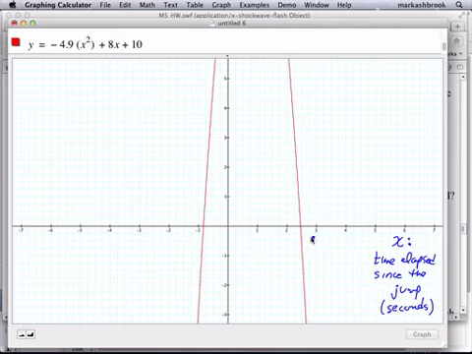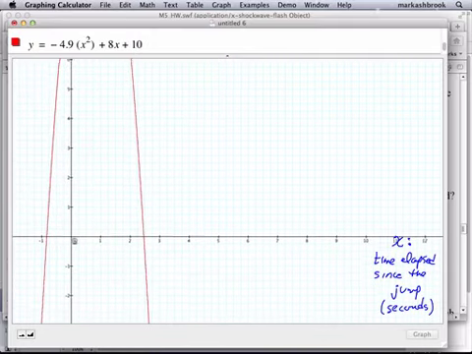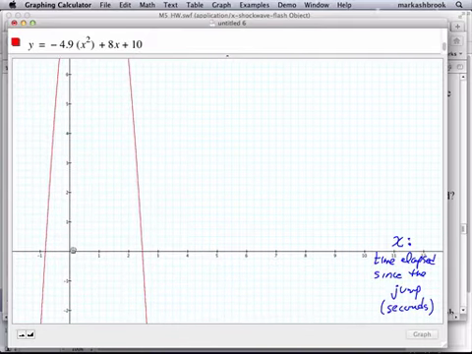Okay, what is the y quantity? Height. What height? The height of the diver above the water.